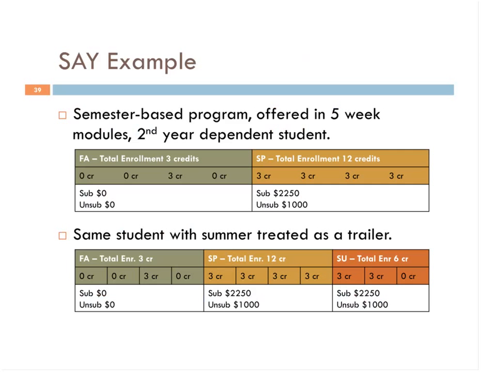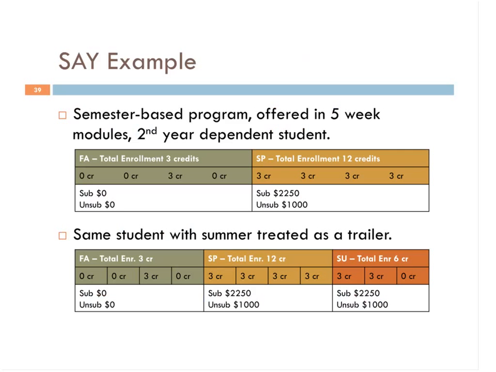Here's a scheduled academic year example. You'll see that in the first example, it's a semester-based program offered in 5-week modules, and the student is a second-year dependent student. So you can see how in the spring, where the student's enrolled in 12 credits, they would become eligible for sub and unsub, while in the first period, they're only enrolled in 3 credits, so they would not be eligible for that.